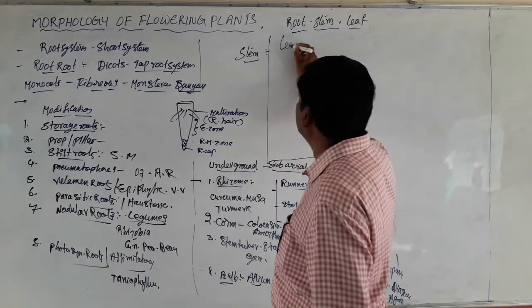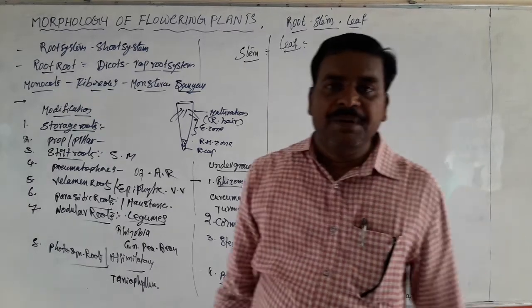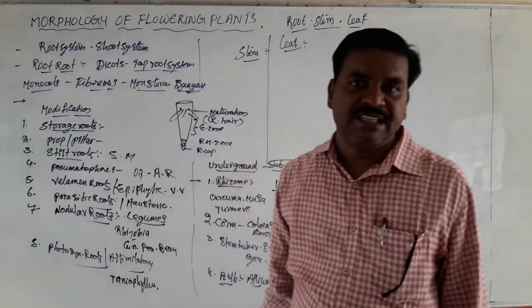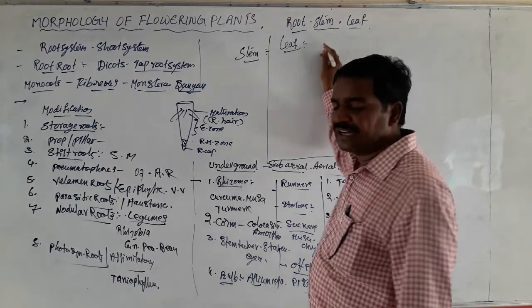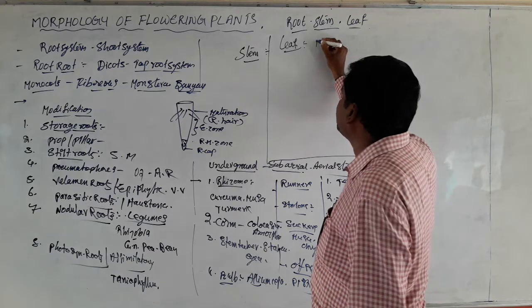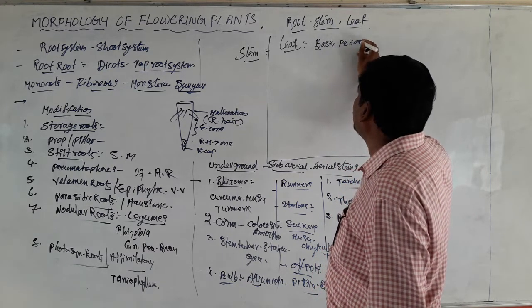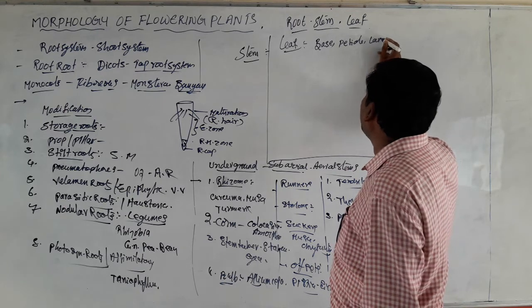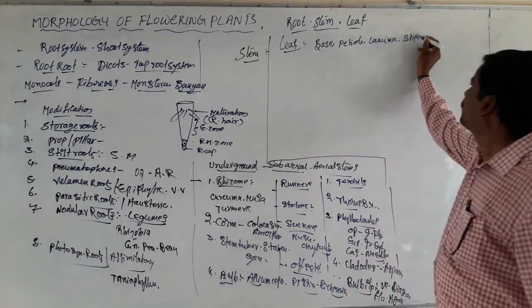Now coming to the leaf. The green flattened lateral appendage that maintains photosynthesis, gaseous exchange, and transpiration is considered a leaf. So a leaf is represented by leaf base, petiole, lamina and stipules.